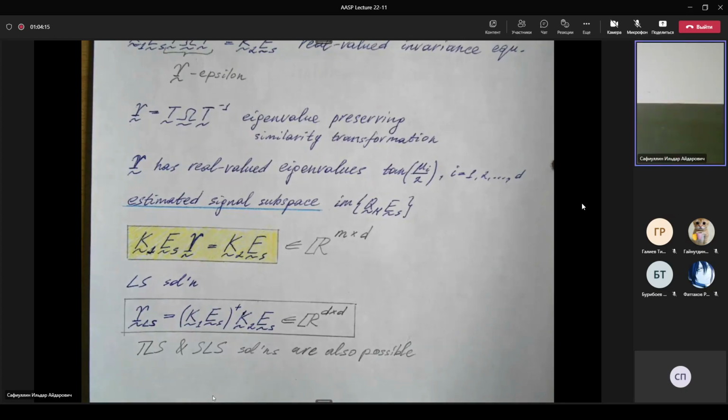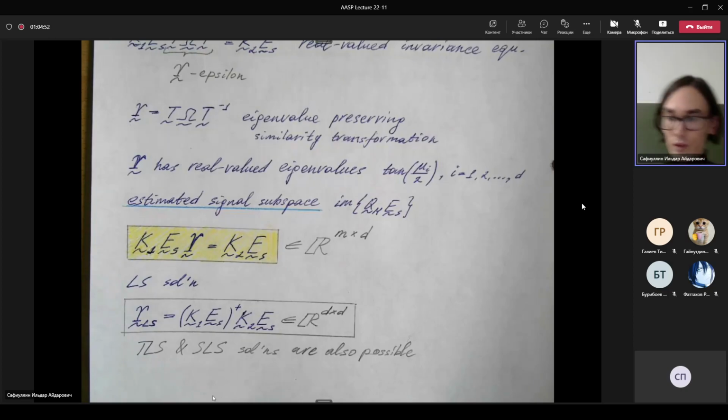So if we assume a complex valued matrix and we calculate singular value decomposition, we always get real valued singular values. But if you calculate the eigenvalue decomposition of a real valued matrix, sometimes you can get complex valued eigenvalues.